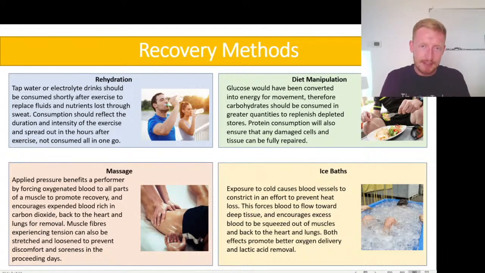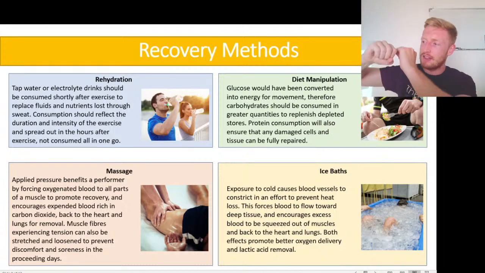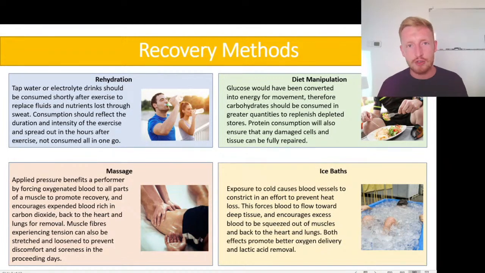But, like I said, scientific research has come out to refute it, but the theory goes constriction can get rid of old blood, and then as it dilates, there's room for new blood with new and larger supplies of oxygen to better fuel the recovery process. So 4 main recovery methods that you need to know: rehydration, diet manipulation, massage, ice baths.